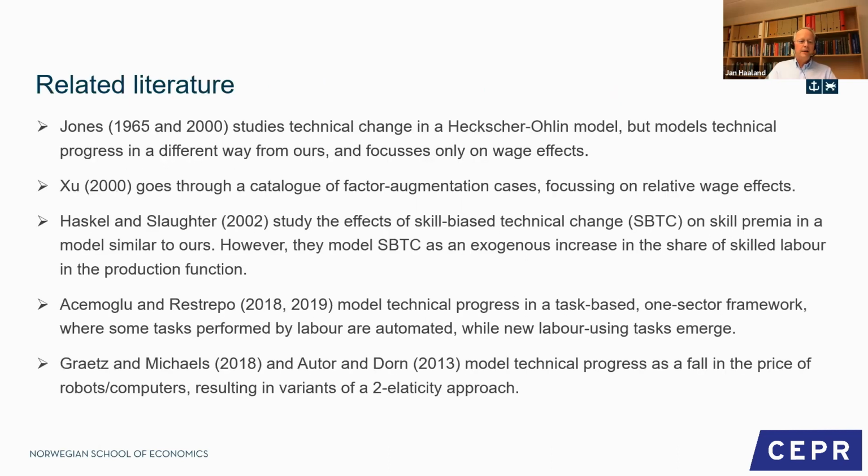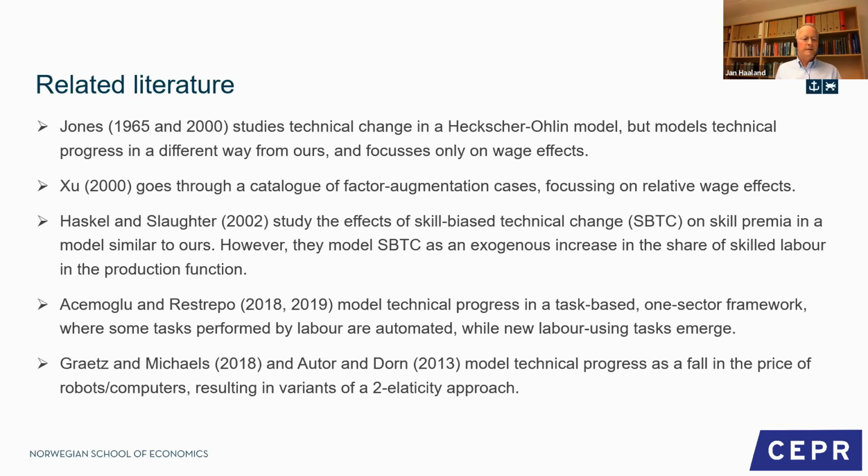Let me just briefly say something about related literature. As I said before, there's a lot of empirical literature which we don't refer to here at all, but on the theory side, the first three of these, Jones, Xu, and Haskell and Slaughter, use models very similar to what we are using, a Hexagon model, simple trade model, and look at technical progress.